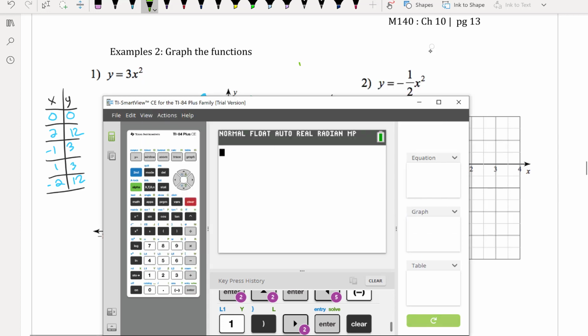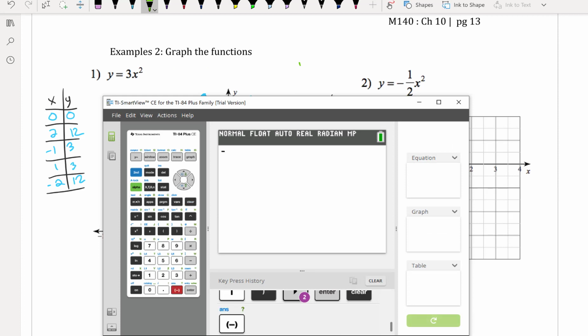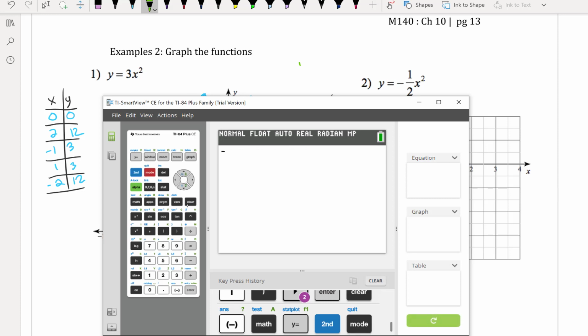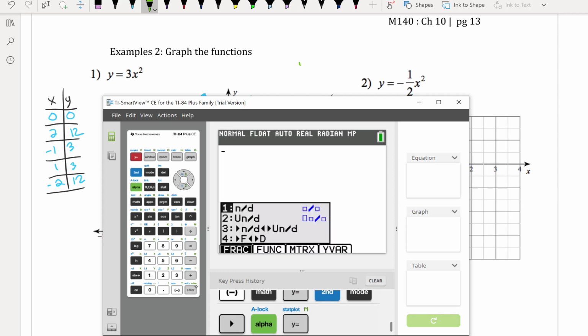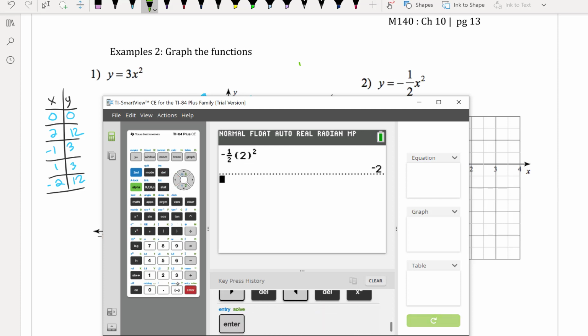If I were to plug in my negative 1 half, and now I'm plugging in my 2, and I am squaring it, I get a negative 2.